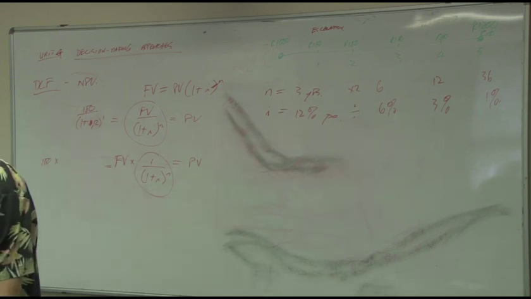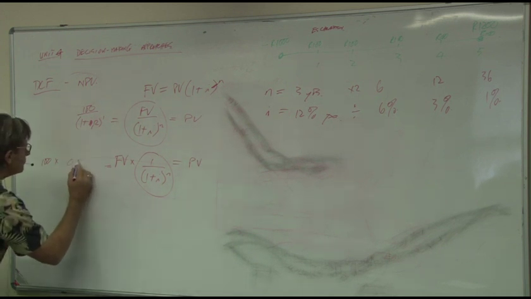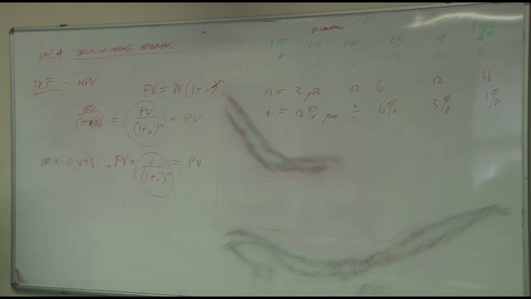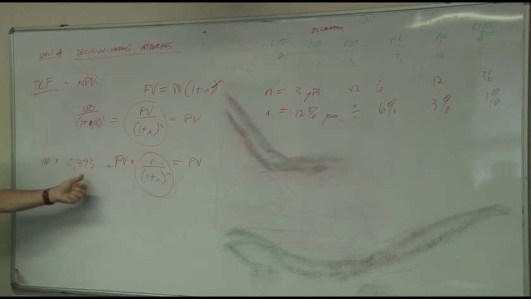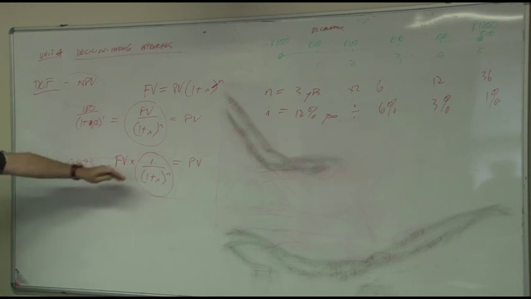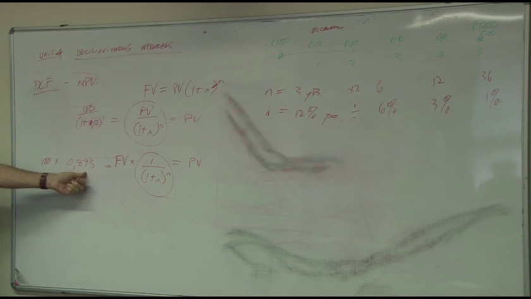We actually give it to you. So this here, 12% over 1 year, that's what it is. So 1 divided by that equals this. That's what the discount factor is. Do you guys understand that?